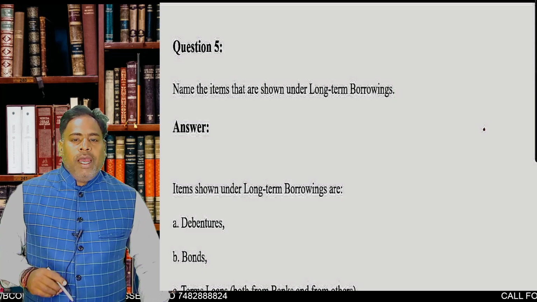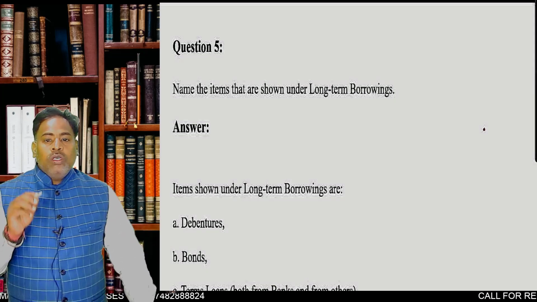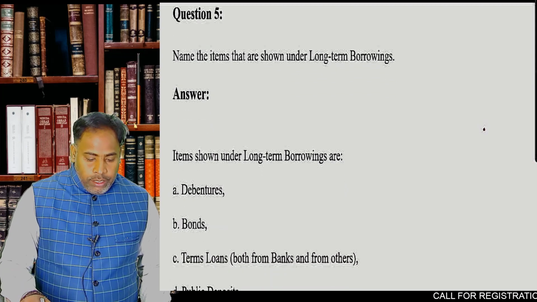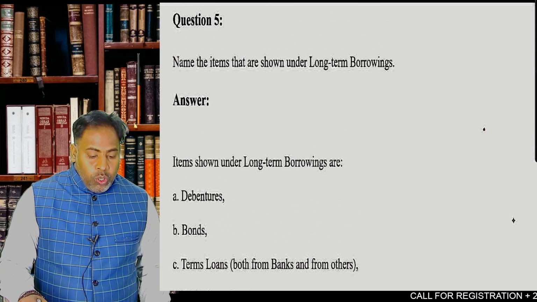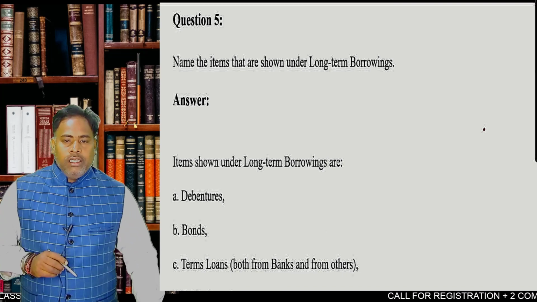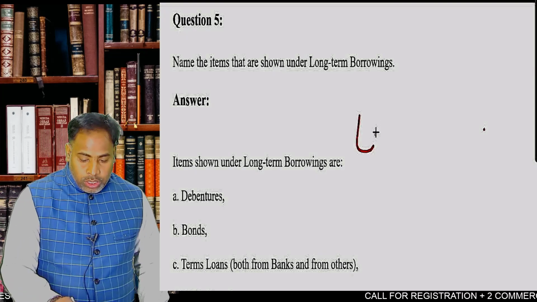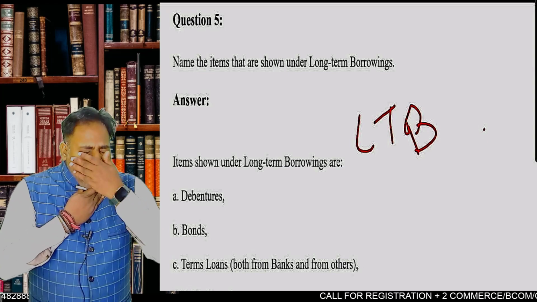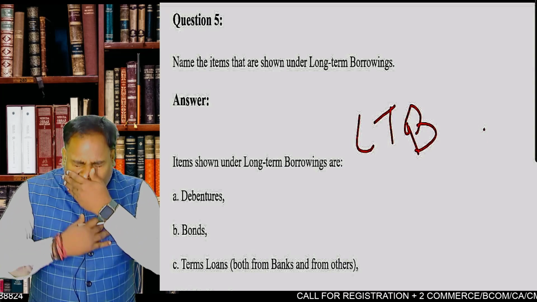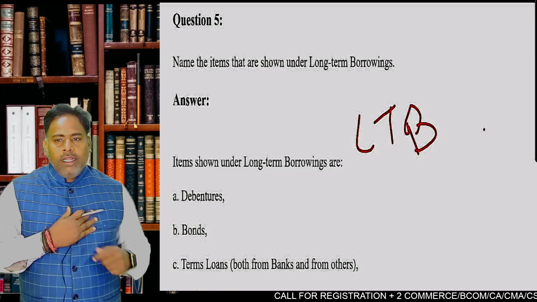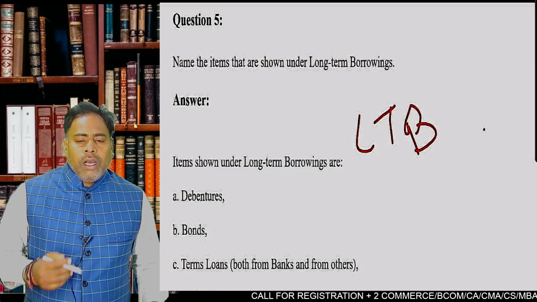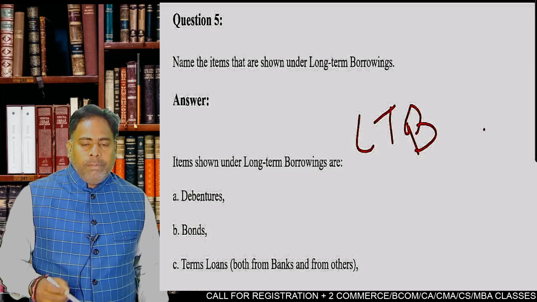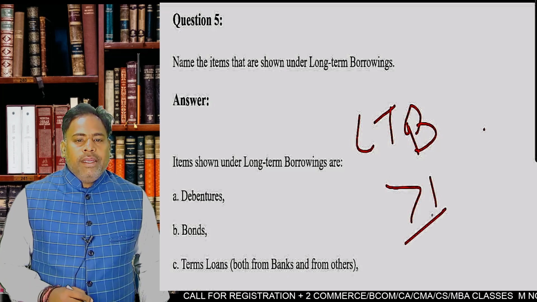Next, question number 5. Name the items that are shown under long-term borrowing. So under long-term borrowing, the company needs to show all its long-term borrowing, which the company is going to pay in the long term, more than 1 year.